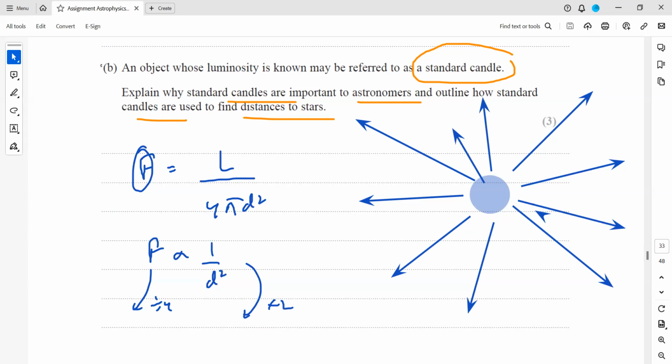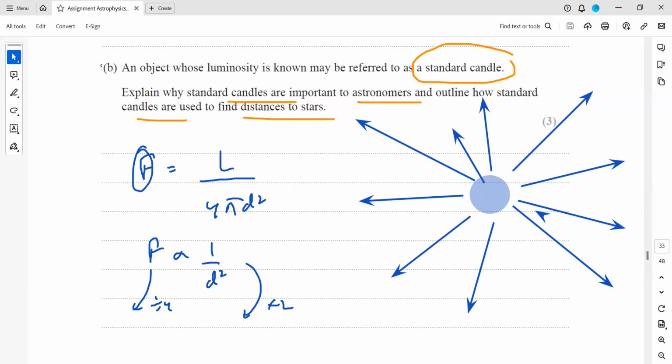This is usually used for distant objects, because for those stars which are very close to us, we can use trigonometric parallax. But for stars which are too far for parallax, we can measure their brightness or flux.